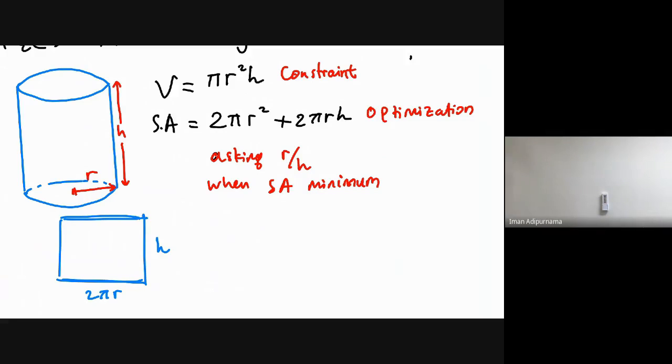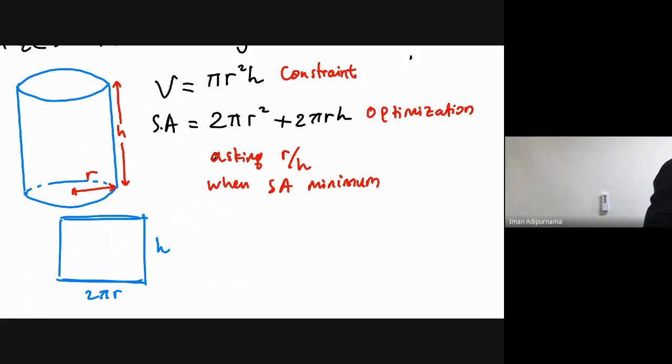Now, again in optimization, you will have this kind of problem. You have the radius and you have height, right? And we need the same method to change the height so that it's all in r.